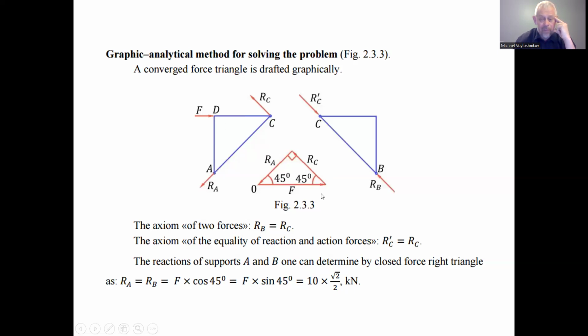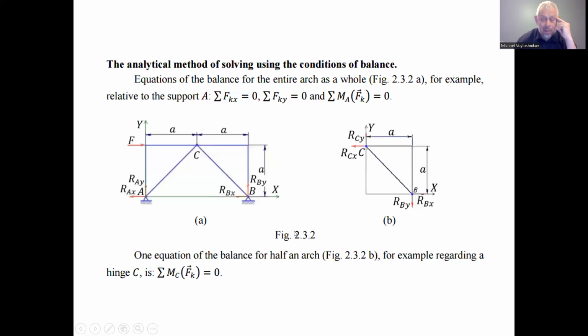But in the next, we can use a little bit from the analytical, so we use the graphical analytical approach of decision of the issue. We can use a little bit about the balance equations, which are more characteristic for the analytical issue, and we can consider the projection of all forces, the second equation of the balance. We consider all the mechanical system, but not the left and right parts, and the projection of all forces acting on the mechanical system equal to 0.